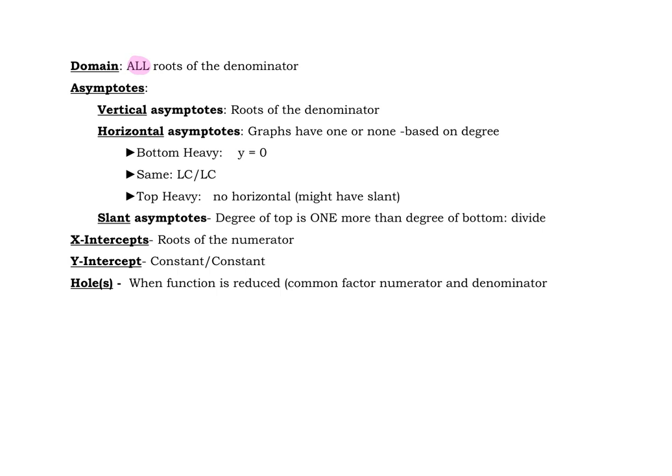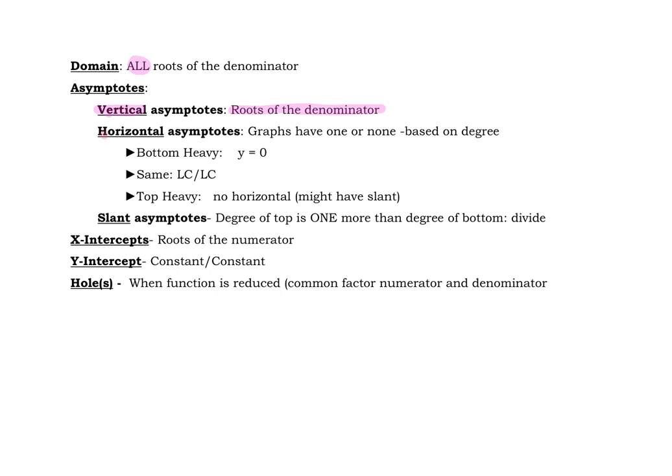And then our vertical asymptotes are also the roots of the denominator, so my domain and my vertical asymptotes are connected with the same numbers. If I have a hole, I take that vertical asymptote out, and it's still what is called a discontinuity, but it's not an asymptote. It's like a little blip in the screen.